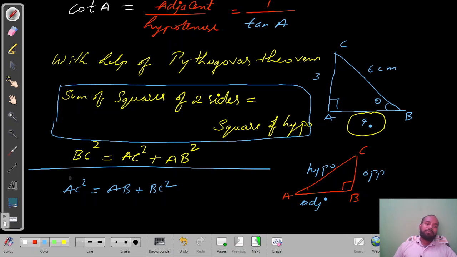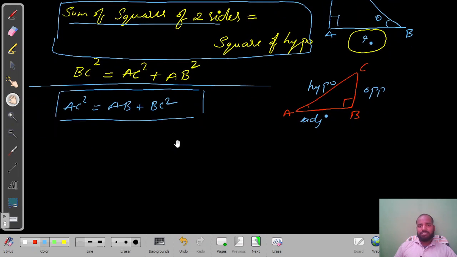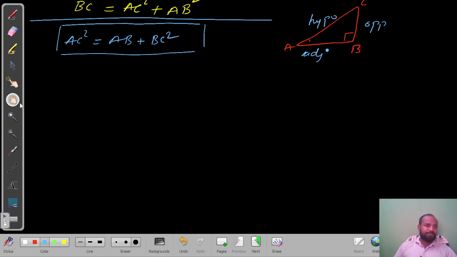So it depends upon the diagram, that is, your triangle shape. But the basic thing is this: the sum of the squares of the two sides equals the hypotenuse square. Now our job is to find the unknown value, right? So now see.